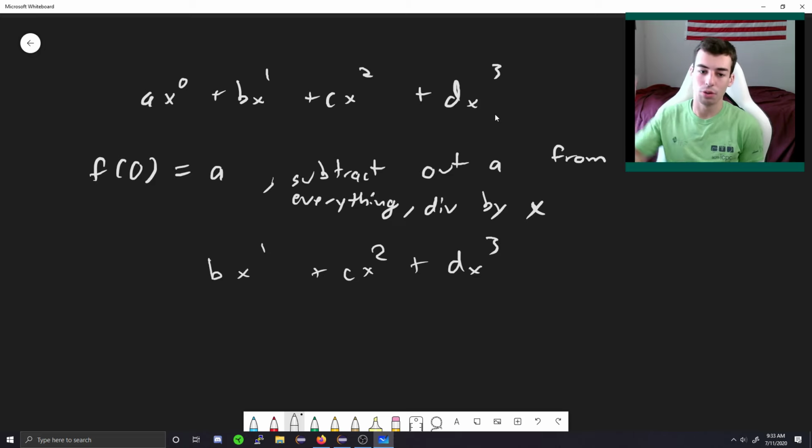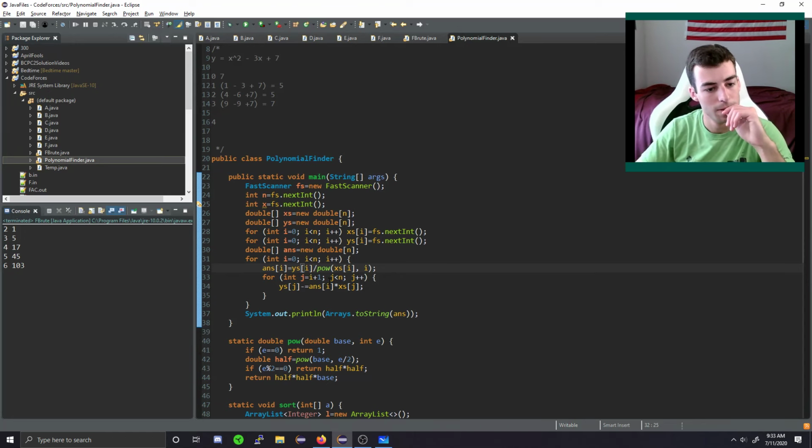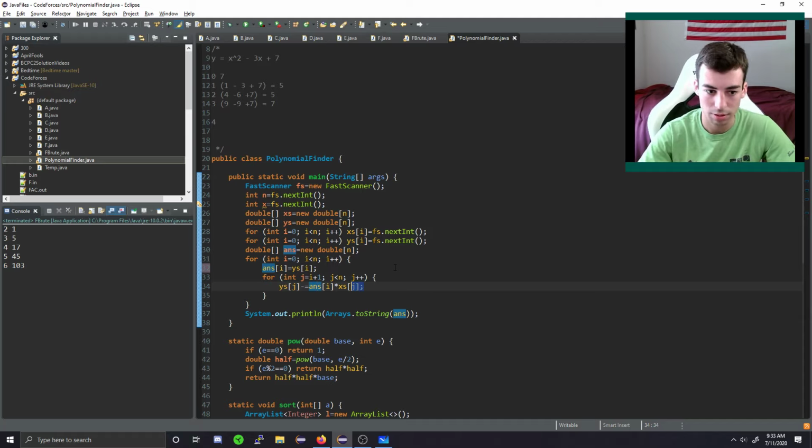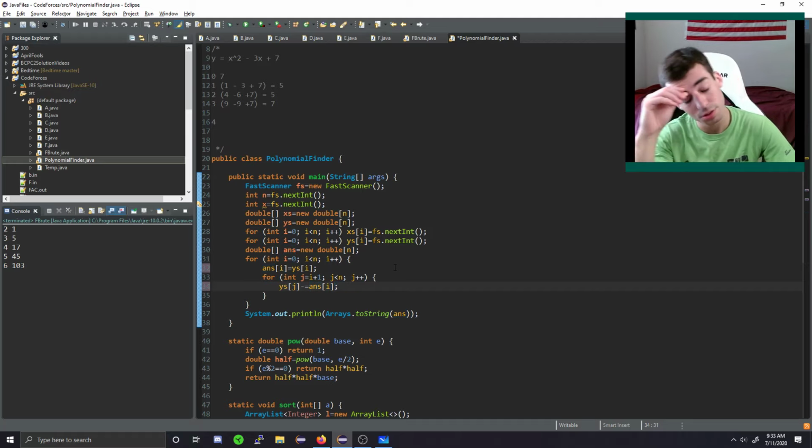Yeah, we divide all the y's by x's now. So this is going to be y's at i. Now we need to subtract out this from every future thing. So all future y's minus equals this answer.